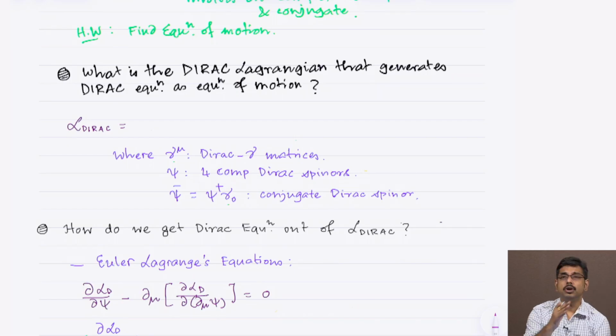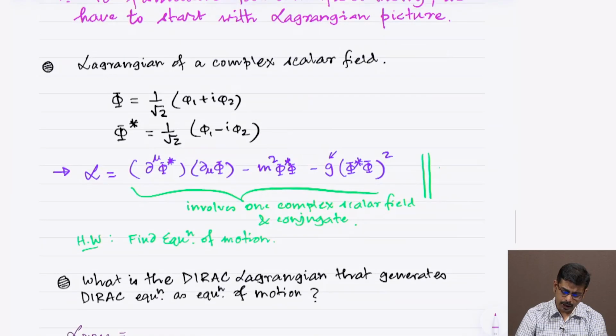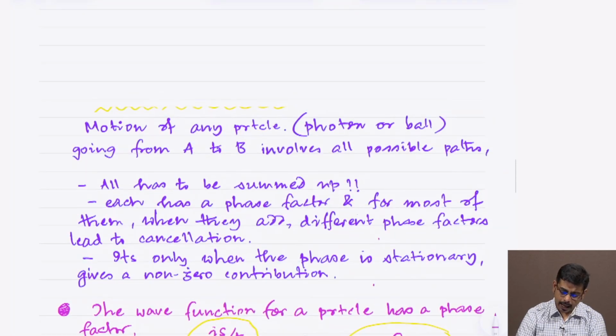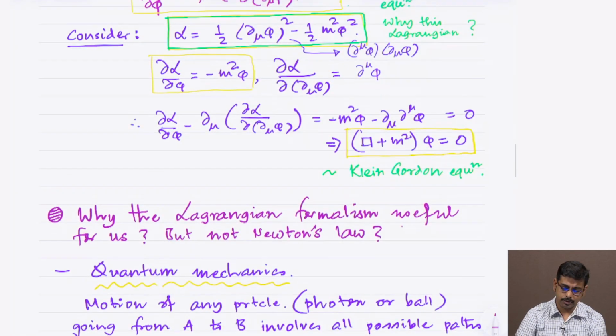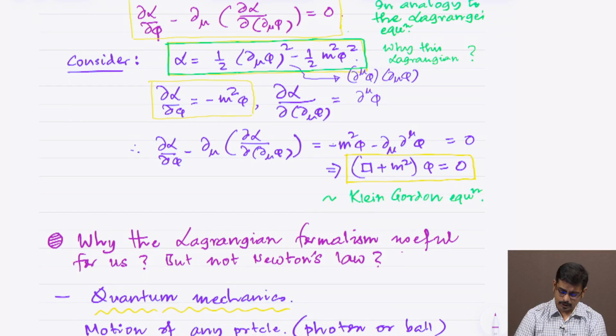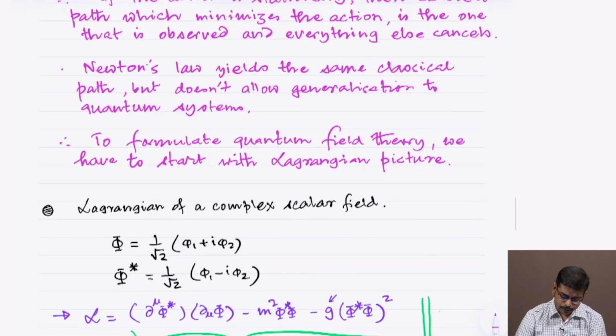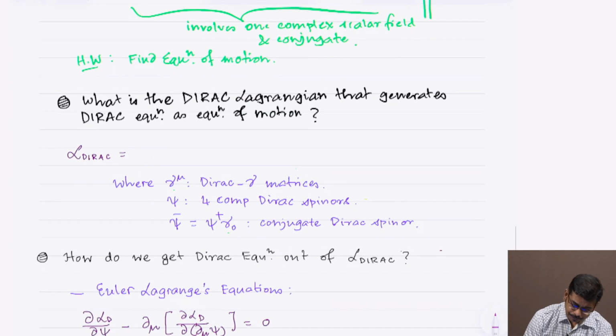You remember the Dirac equation: (i gamma mu del mu minus m) psi equal to 0. That is my goal, that is precisely where I have to reach, the way that I obtained the Klein-Gordon equation from the Lagrangian that I constructed. Similarly, I would like to do the same for the Dirac equation.